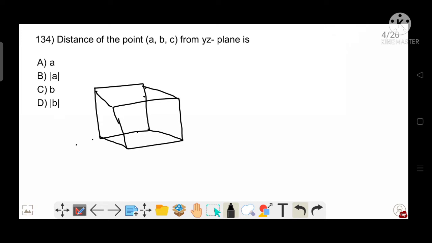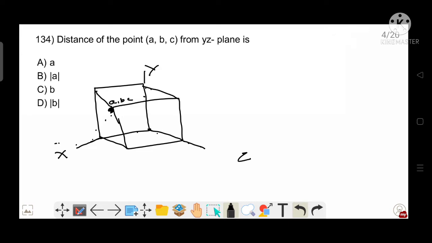Okay, this point is your A, B, C. Okay, this is your origin and this will be your Z. This will be your Y and this will be your X. This is your Z. Okay, so this is the point you have to think from where the yz plane.